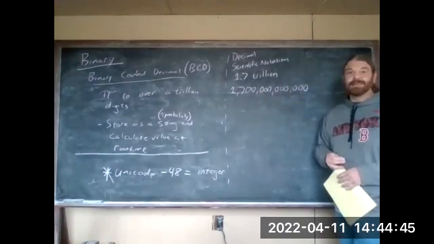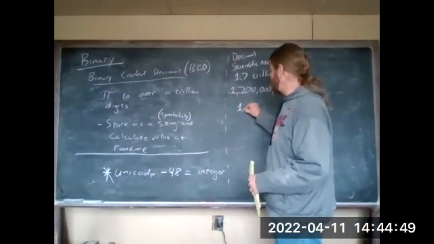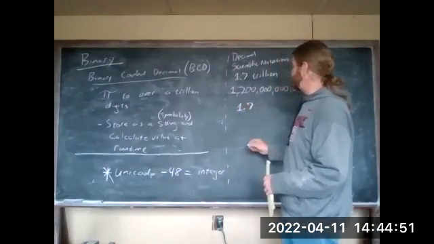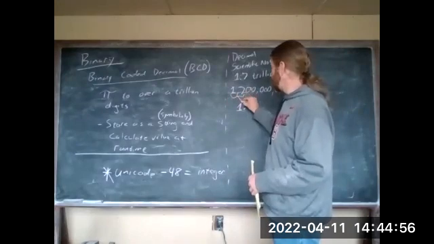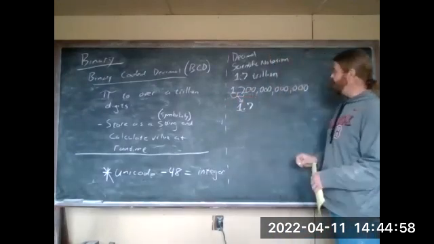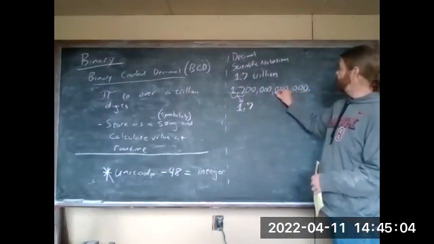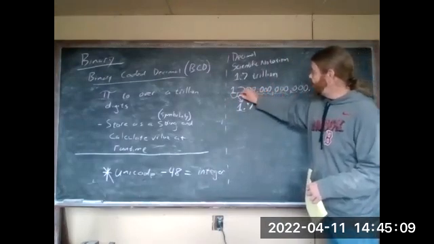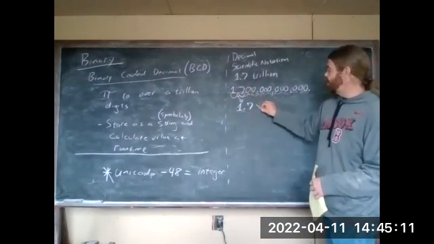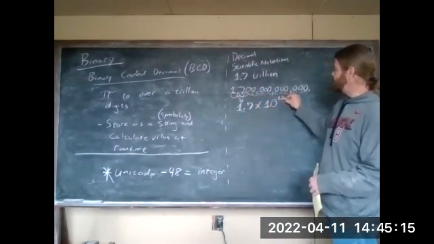There's a good chance a mistake could happen. So we have a shortened way to write that. And in math class, you probably learned we write down the digits we have, and then we count how many times our decimal moves. 1, 2, 3, 4, 5, 6, 7, 8, 9, 10, 11, 12 to get here. So we write times 10 to the 12th.